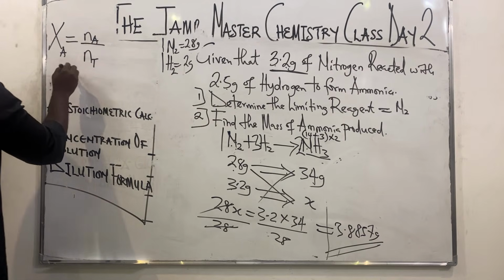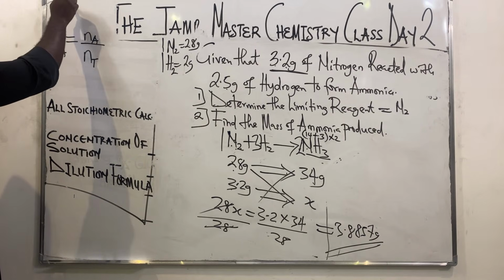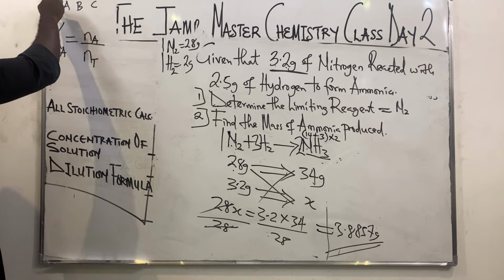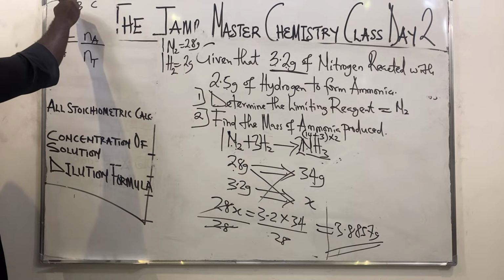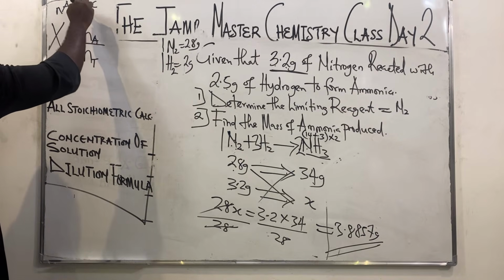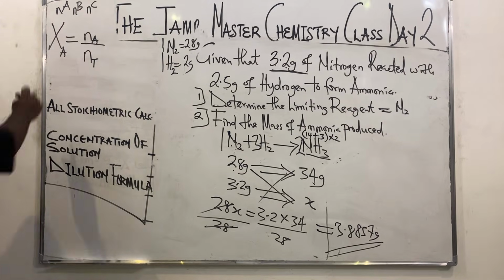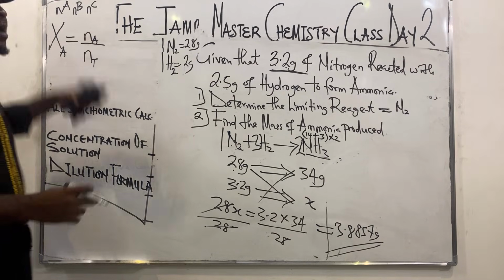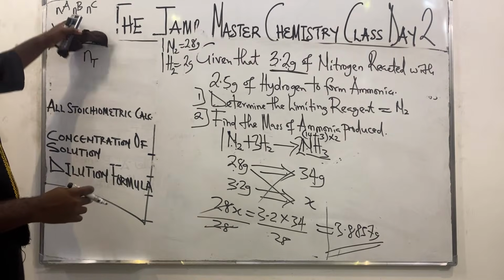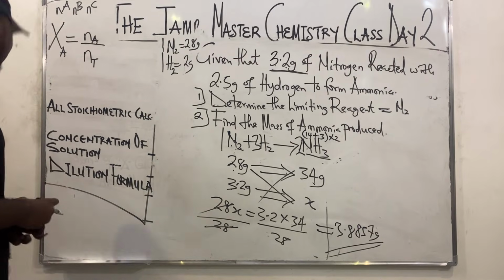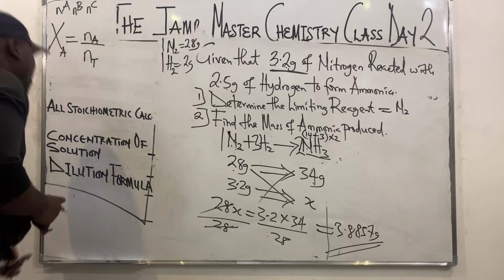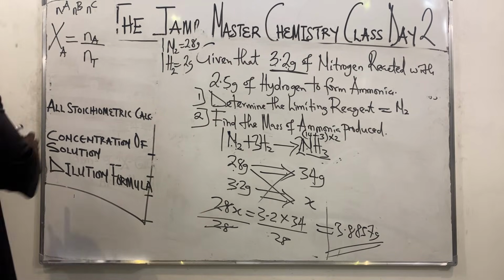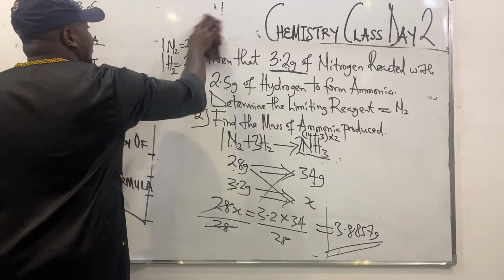Class, if a mixture contains components A, B, and C. Component A has number of moles Na. Component B has number of moles Nb. Component C has number of moles Nc. Na means number of moles of A, Nb means number of moles of B, and Nc means number of moles of C. So a mixture contains three components, A, B, and C. Class, what will be the total number of moles of that mixture?